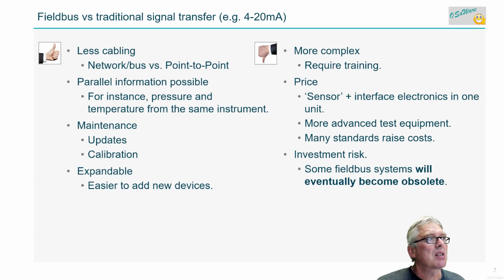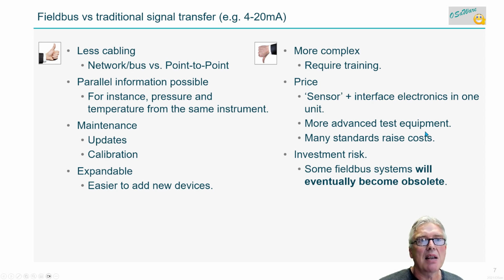And there is the field bus. You can look at the less cabling, of course, and parallel information, for instance pressure and temperature for the same instrument, maintenance, up to calibration, expandable, complex. Training is not so much for modern stuff, it's plug and play. Then you have the price, because as the sensor gets more complex, you need an interface in there.